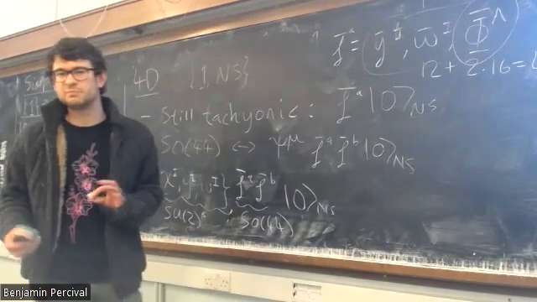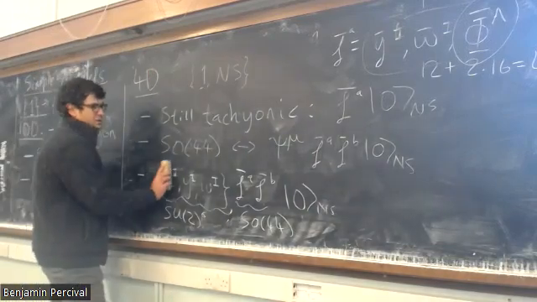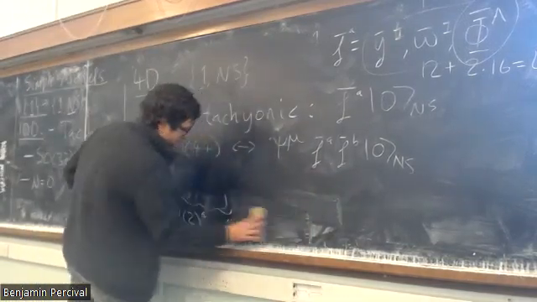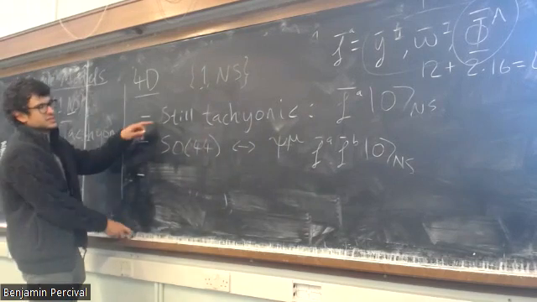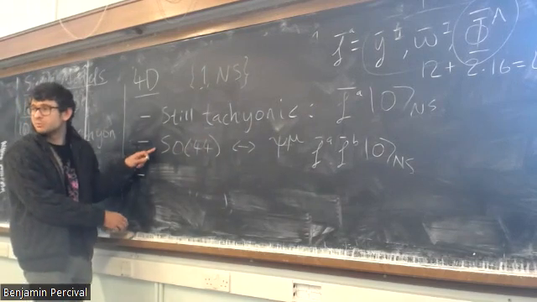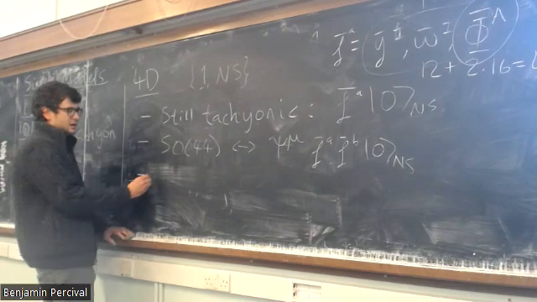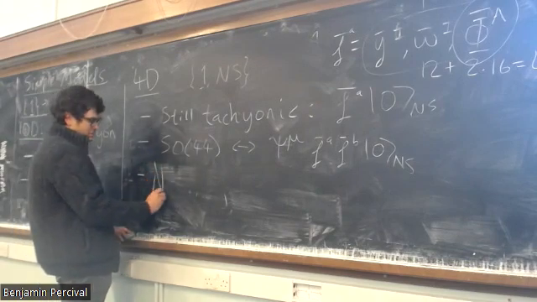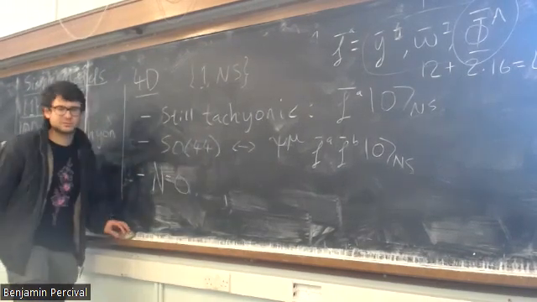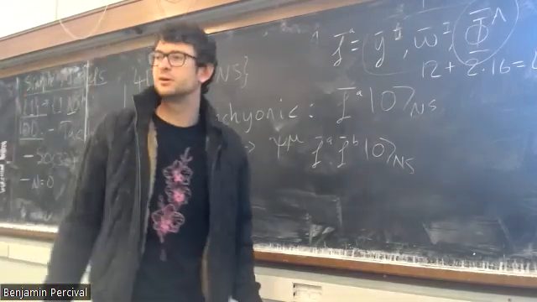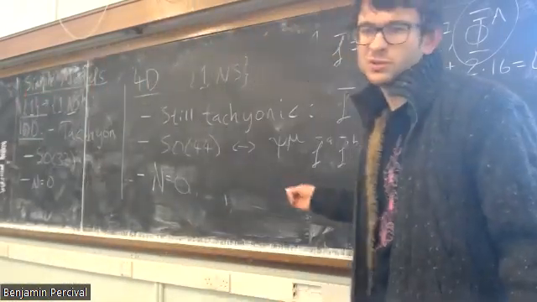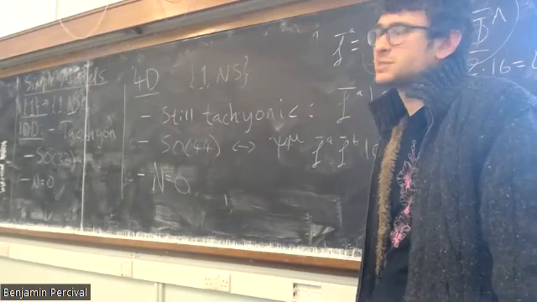We just want to talk about the main features of the model, which are what we've just said, that we still have a tachyon, we have a bigger gauge group, SO44, and we had n equals 0. Okay, that was the main highlights of the one model and how it extends to 4 dimensions.